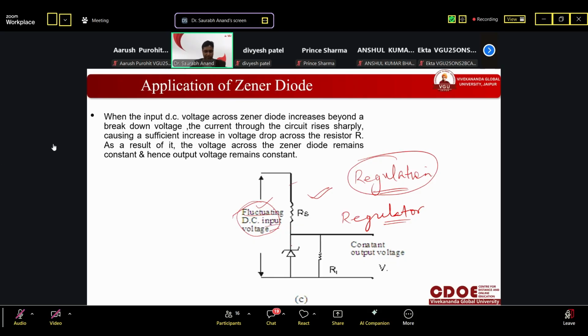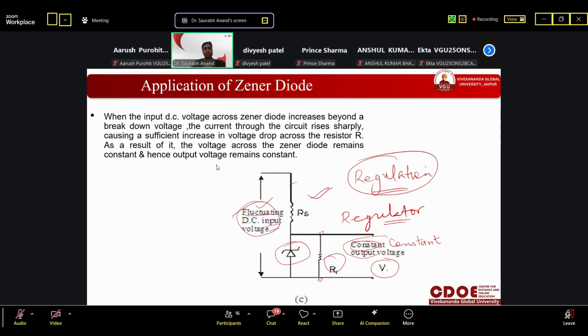And we have used Zener here. After applying to the Zener, this is the load resistance. If we measure the voltage, we will have constant voltage.